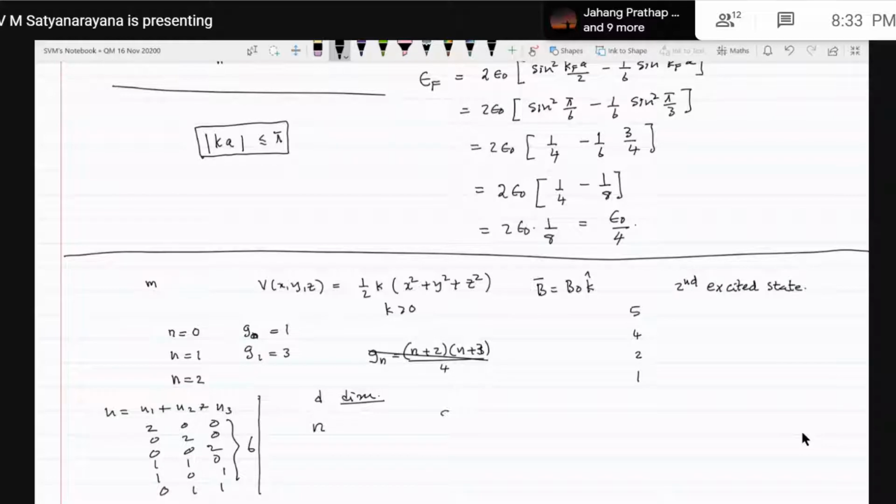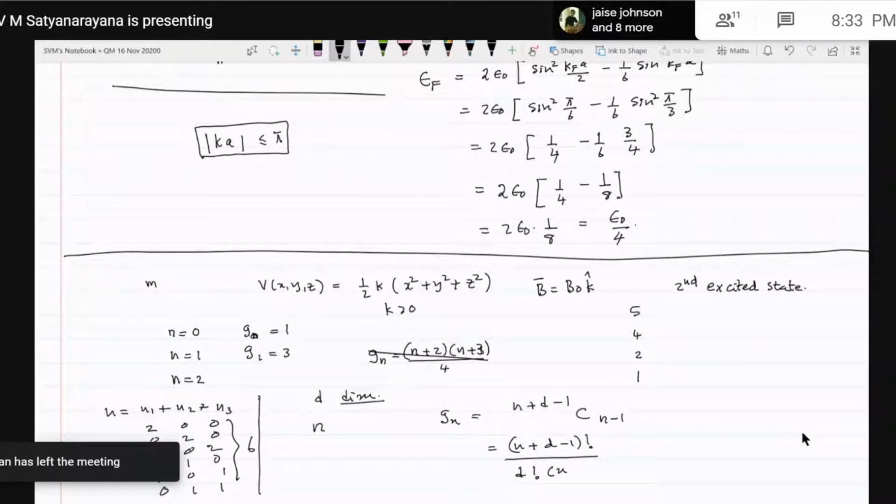Then the degeneracy is given by (n plus d minus 1) choose (n), that is (n plus d minus 1) factorial divided by d factorial into n minus 1 factorial.